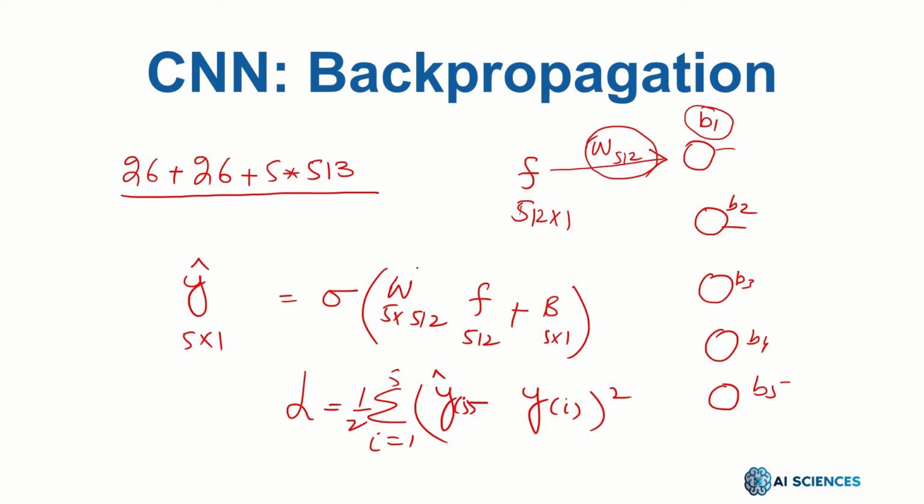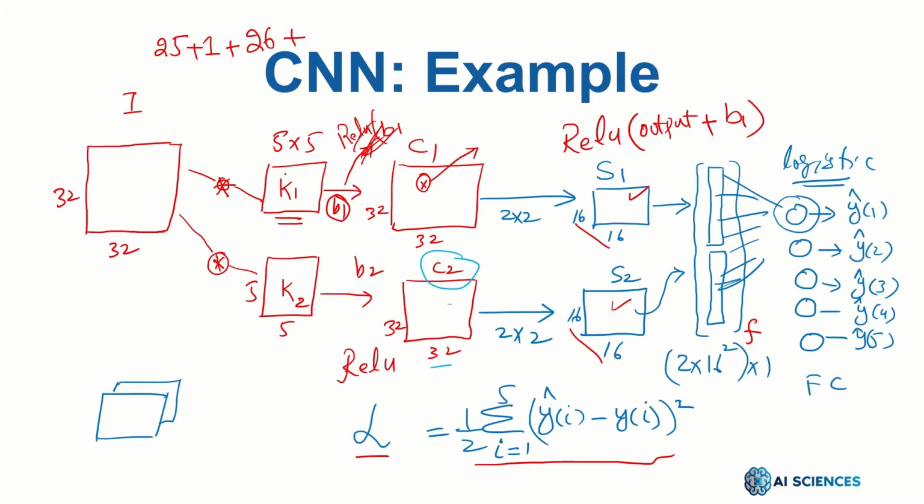Our goal is to find the derivative with respect to W to update W. Then we want the derivative with respect to each of these biases to update these parameters. And eventually our goal is to find the derivative with respect to all the parameters of K1 and all the parameters of K2, to update these parameters for gradient descent.